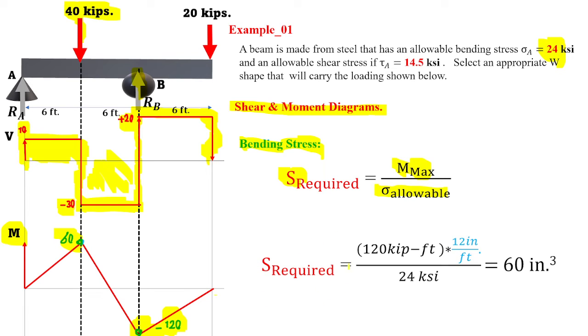If you just do the math, it gives you 120 kip-feet, then you convert it to inch-kips over 24 ksi. It gives us a section modulus of 60 inch cubed.